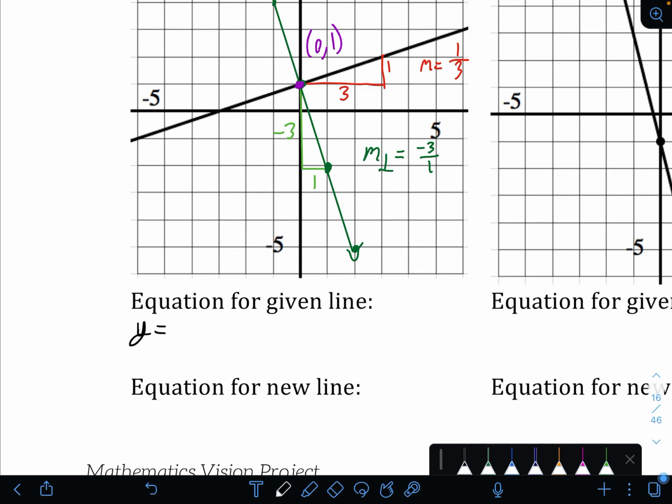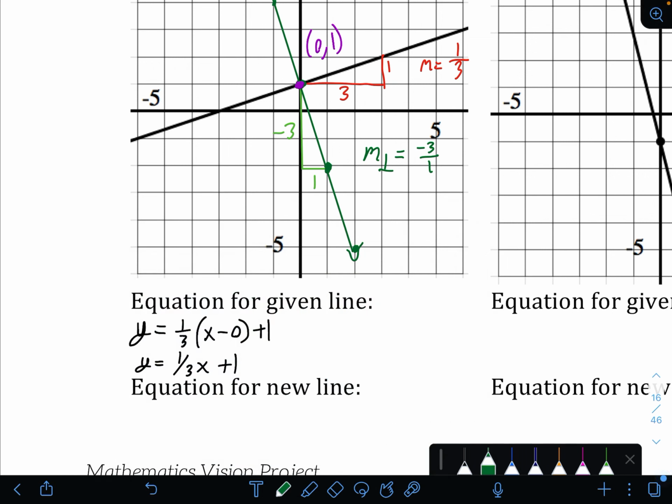Y is equal to 1/3, that's our slope, times x minus 0, that's our h, plus 1, that's our k. Okay, 1/3 x minus 0 plus 1. I don't need to write that minus 0 in those parentheses, so I can just write it like this. Y is equal to 1/3 x plus 1. Problem solved for that one.